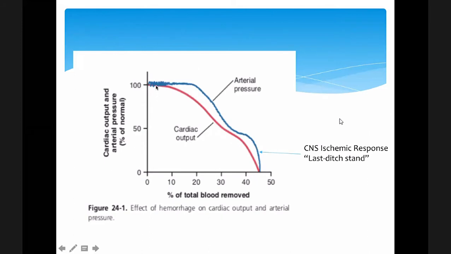That is because meron ka muna ditong nami-maintain mo na yung blood pressure because of sympathetic activity, because of mga mechanisms to maintain a BP na diniscuss natin. Yung baroreceptor, chemoreceptor, and ischemic response.